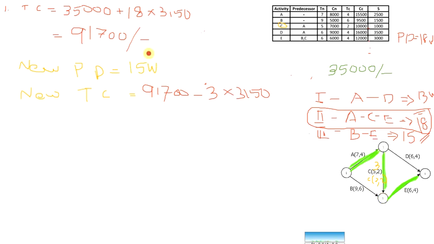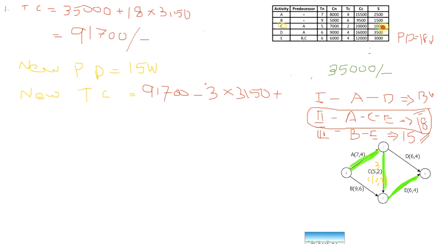That means we need to calculate 15 weeks for the indirect cost also. Okay. So we can subtract it from here, 3 into 3150. And one more thing we have to add here, that is the crash cost or slope of the activity.